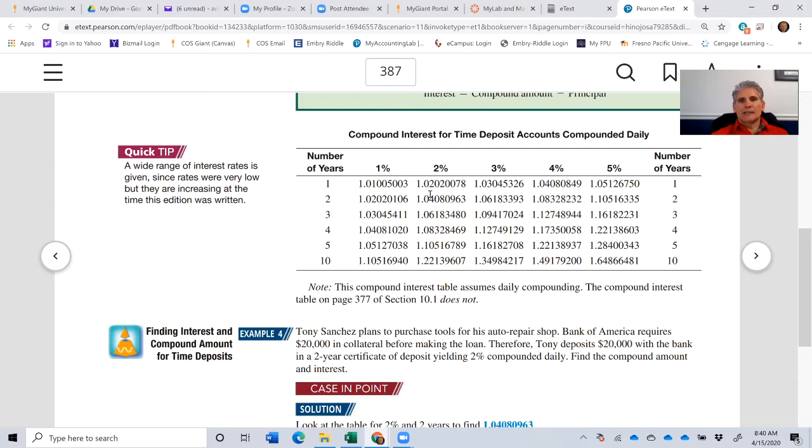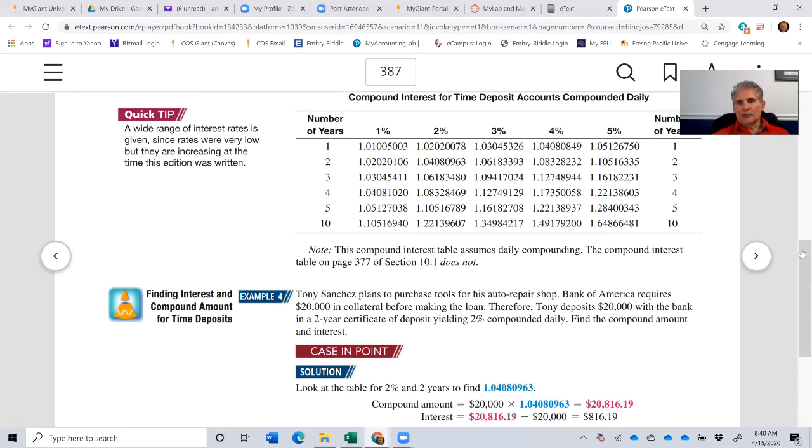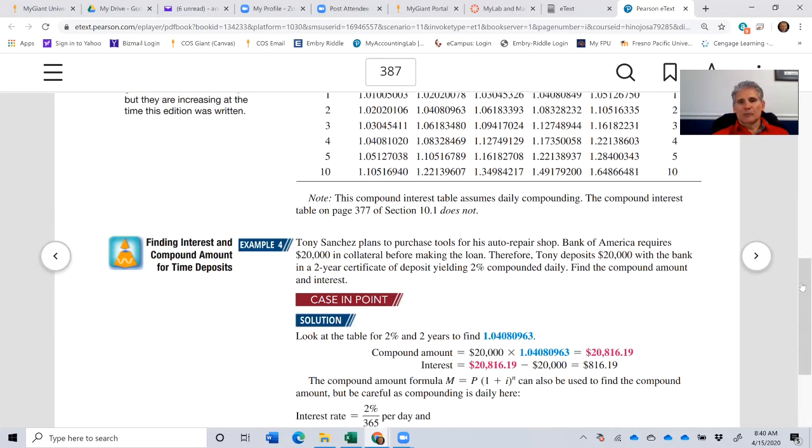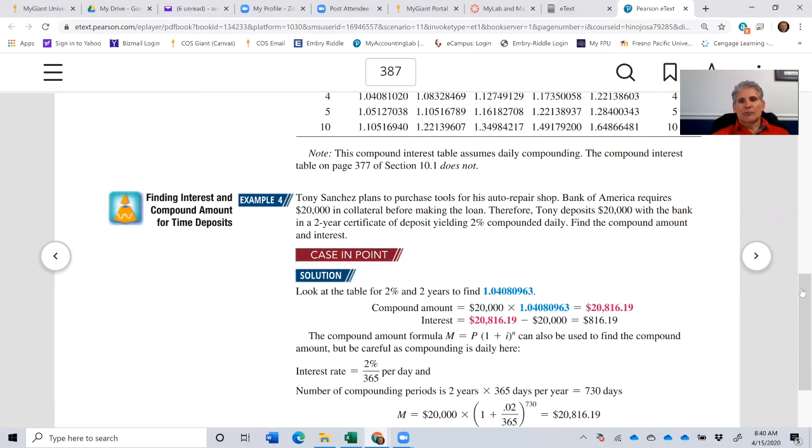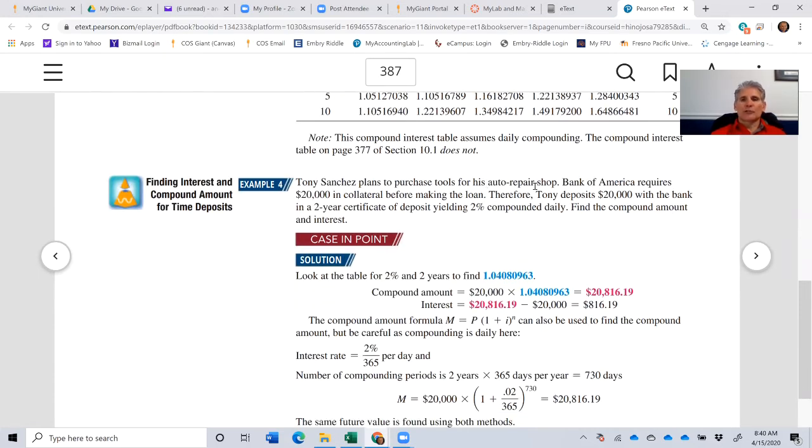Here is a table for number of years for time deposit accounts compounded daily. So we're getting an abbreviated table here so that we can use it for specific problems. And the good news is it's pretty easy once we just use the lookup tables. Tony Sanchez plans to purchase tools for his auto repair shop.